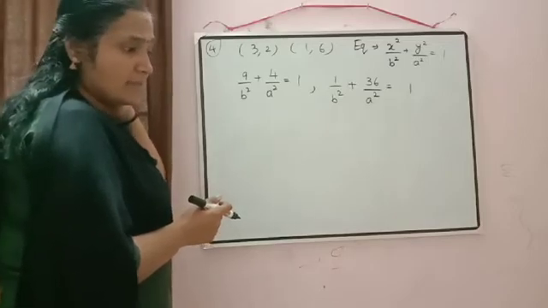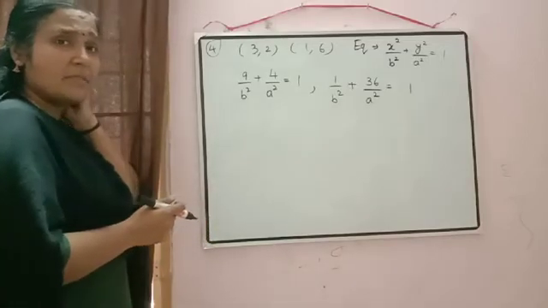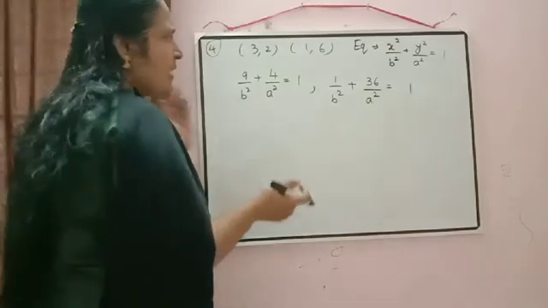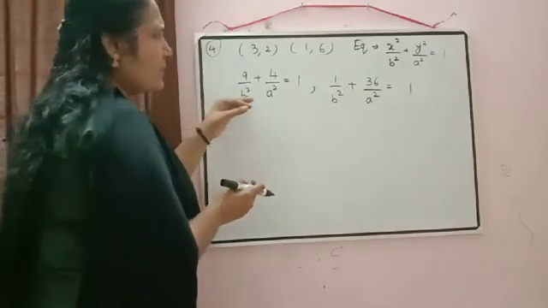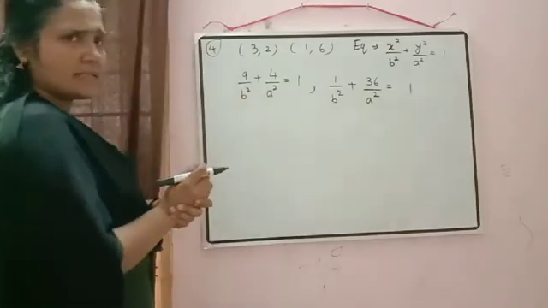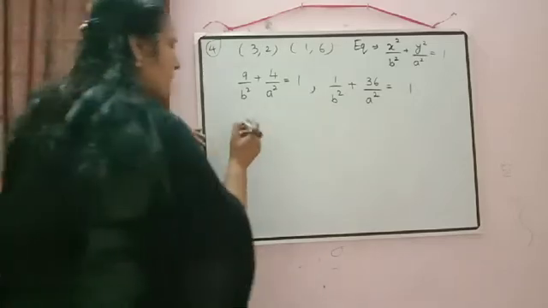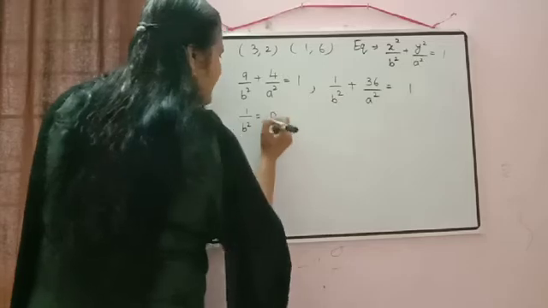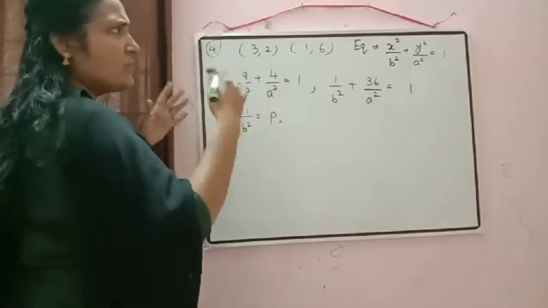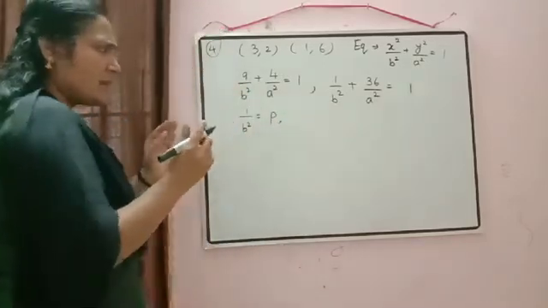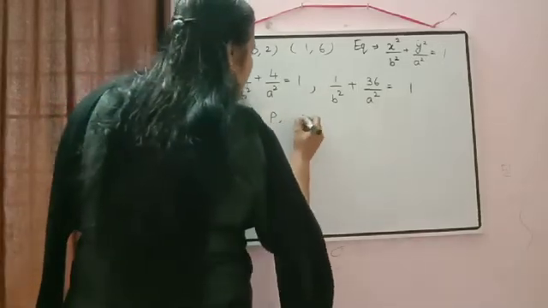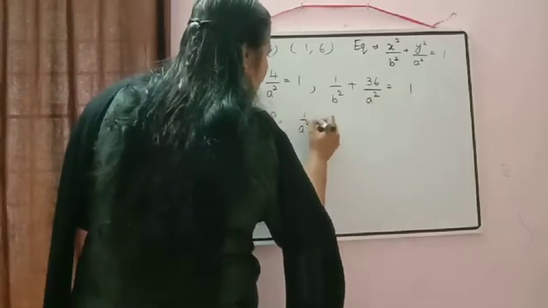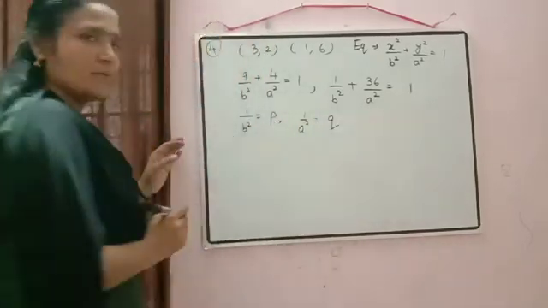Yes, in 10th class we studied equations reducible to linear equations. If you want, directly you can calculate from here the value of a square and b square. Otherwise, we can write in this way. We'll take 1 by b square as p, because already x, y, a, b, everything we have used here. 1 by b square is equal to p and 1 by a square is equal to q.